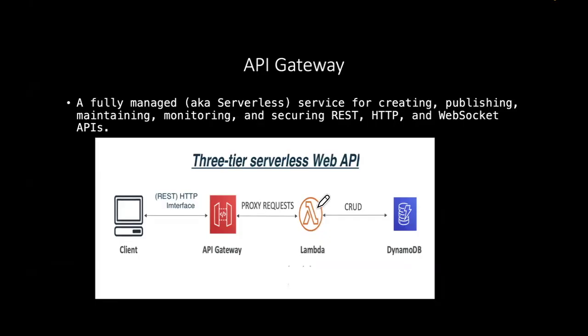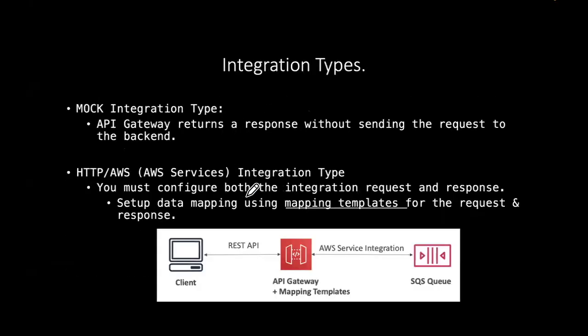It doesn't have to be a Lambda, but the nature of the backend determines the nature of the integration between your web API and your backend. So API Gateway supports a number of integration models, and that's what I'm talking about here. There are four integration models.